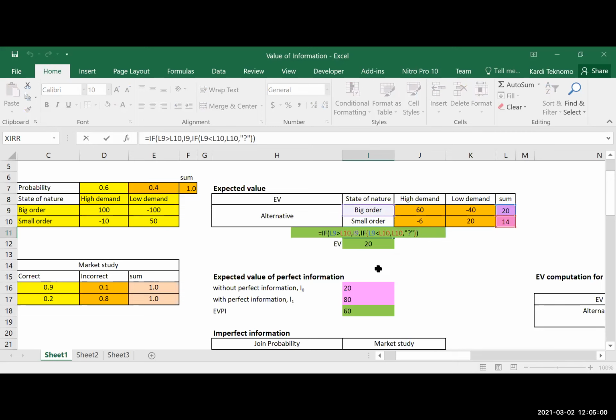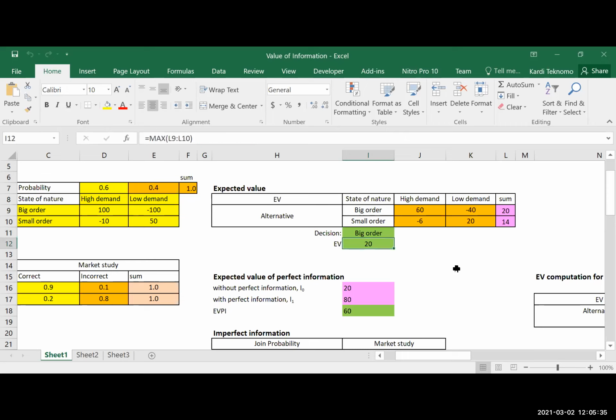If the value of the big order alternative is larger than the small order, then use big order. Otherwise, use small order. If they are equal, then you put a question mark: we don't know. And then get the EV, which is the expected value, the maximum of that sum. So you get the EV and you get the decision.